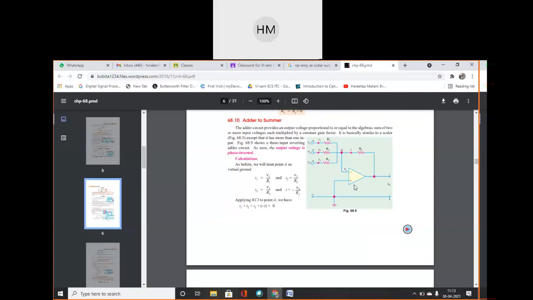And whenever I'm talking about subtraction, is it possible to subtract the signals at one end only? Yes, students, please tell me. Subtraction means difference. Operational amplifier is a differential amplifier. So how will I perform subtraction of two signals?